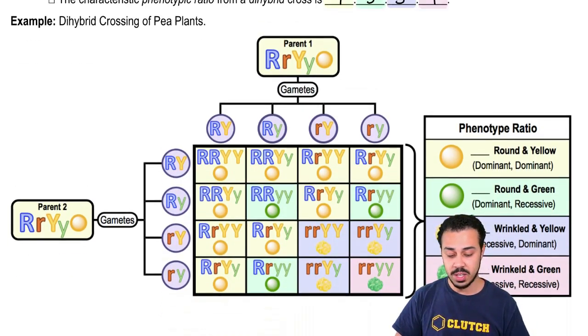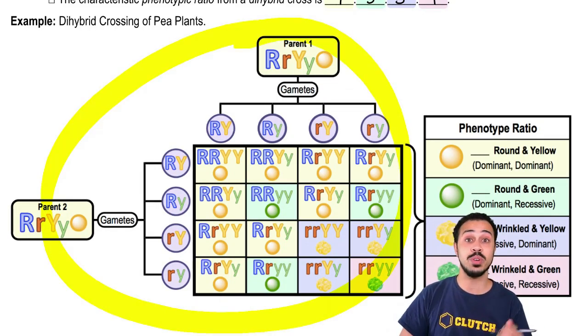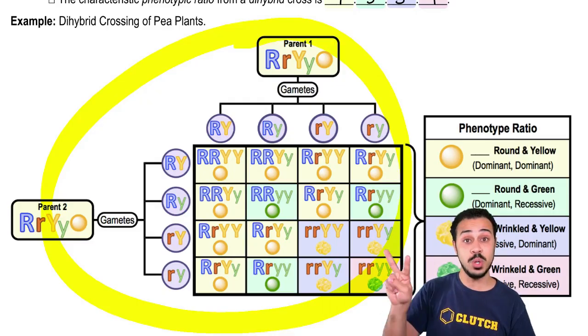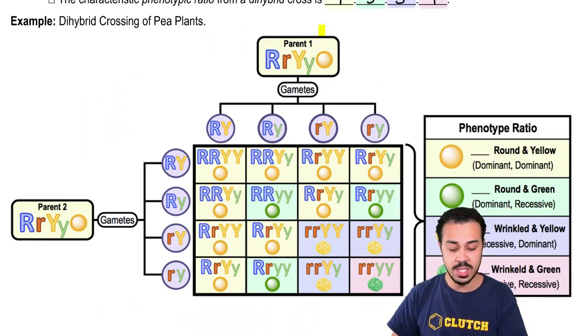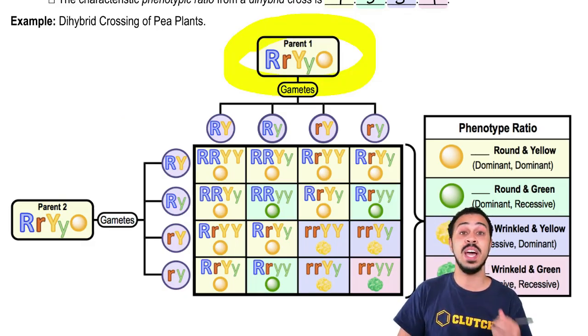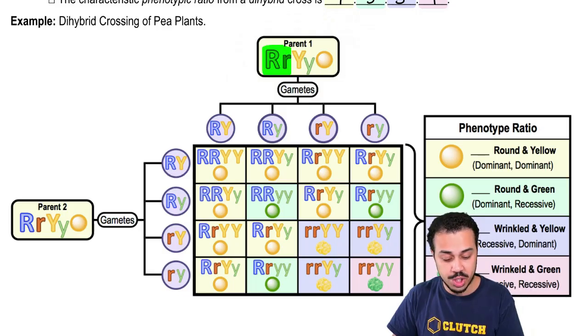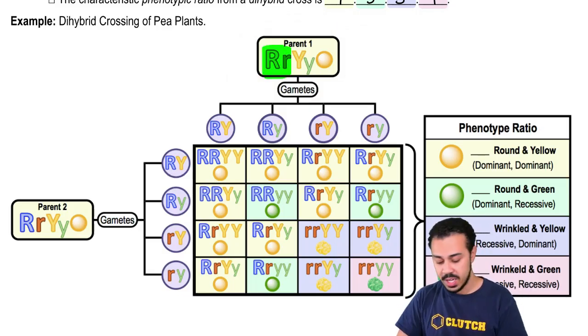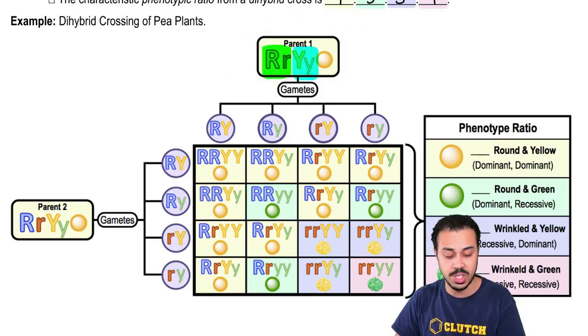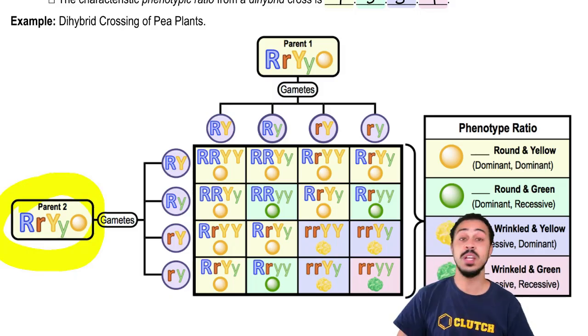If we take a look at this image, notice that we're showing you a dihybrid cross, crossing two dihybrid organisms. Parent number 1 is a dihybrid organism because it's heterozygous for two genes. It's heterozygous for the shape gene here, and it's heterozygous for the color gene here. Parent number 2 is also dihybrid in the same way because it's heterozygous for these two genes.